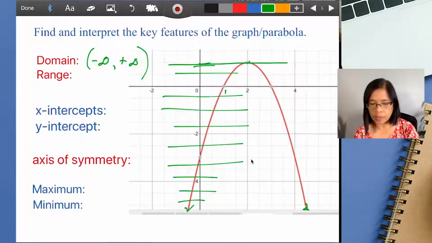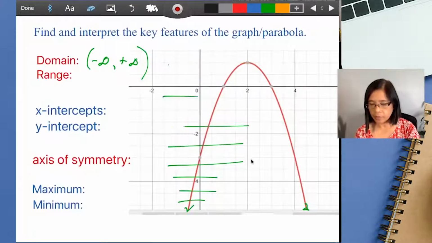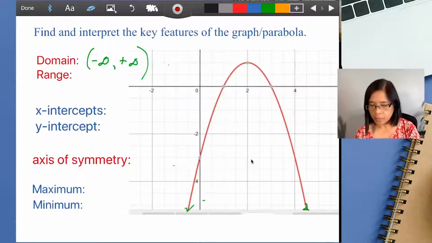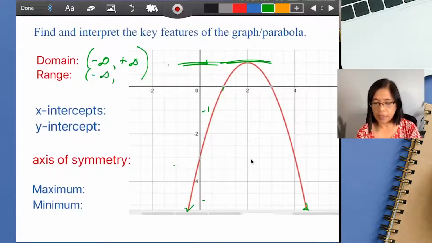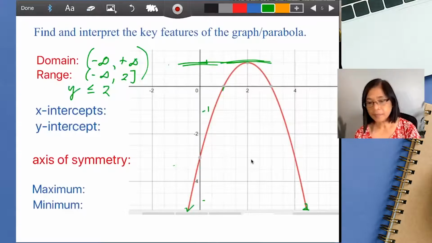So this is the maximum value for y, or the maximum value for our range. So our range will be from negative infinity up to 2, or we could write this as y is less than or equal to 2. Follow? Domain are the set of possible values for x. Range are the possible values for y.